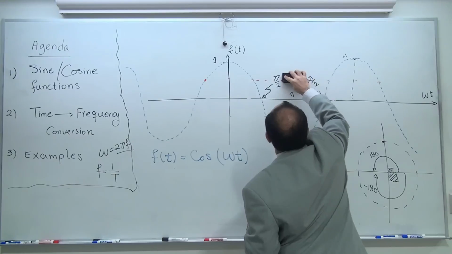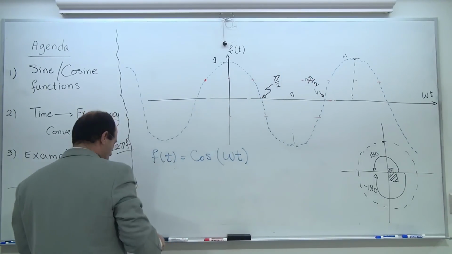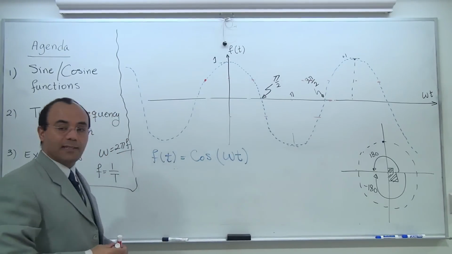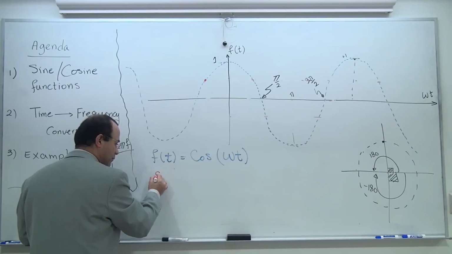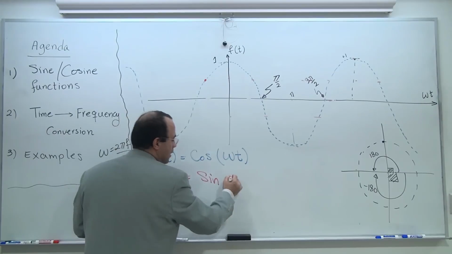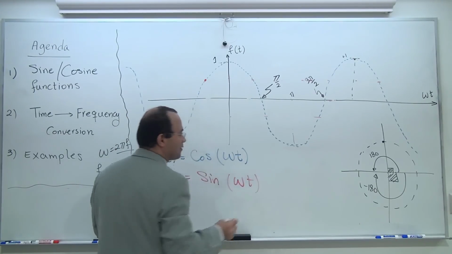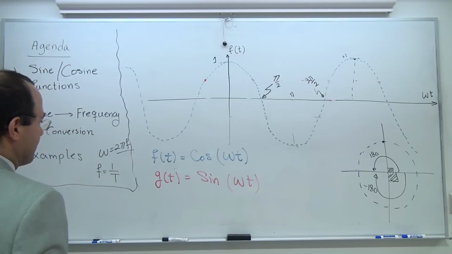I'm going to use the red this time to identify what the sine function is. This is going to be another function. Let me call it g of t, and that's going to be sine of omega t, since I want to have the same unit on the x-axis.